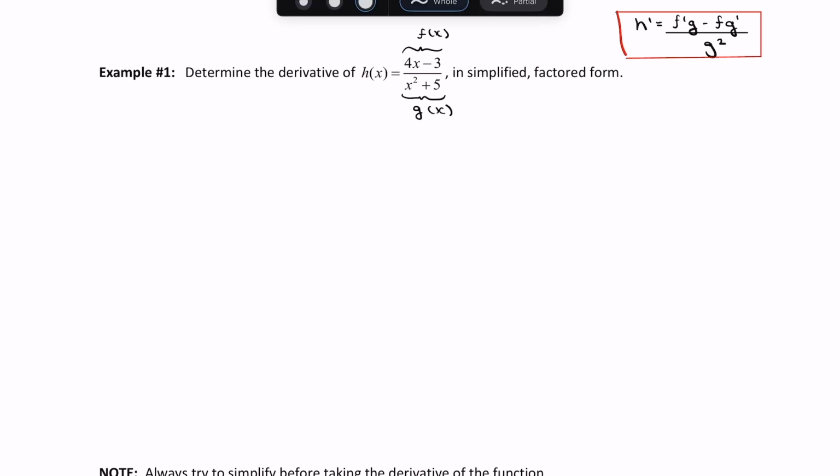Here we have h prime of x is equal to, first we do f prime of x.